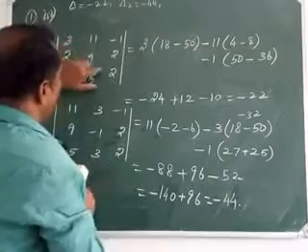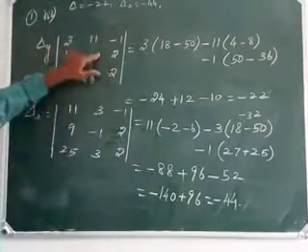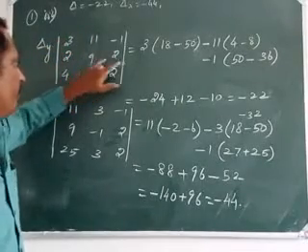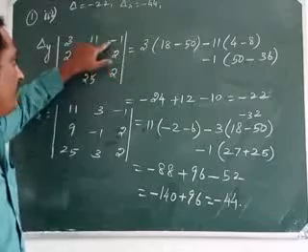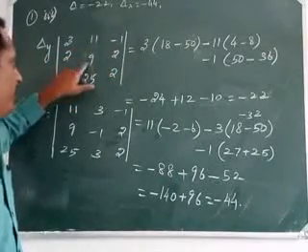So 3 into 9 twos are 18, 25 twos are 50 minus 50, and then minus 11 into 2 twos are 4, twos are 8 minus 8, and then minus 1 into 25 twos are 50, 9 fours are 36 minus 36, right?